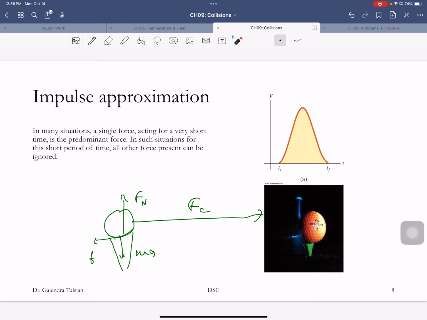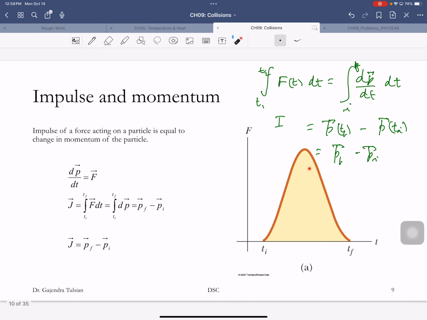So here's a club hitting the ball. The difference between, for instance, a professional golfer and me is their impulse has a much greater area, and the velocity of the ball off the tee comes out much faster. So if somebody can kick the ball further, what that means is their impulse is much greater.